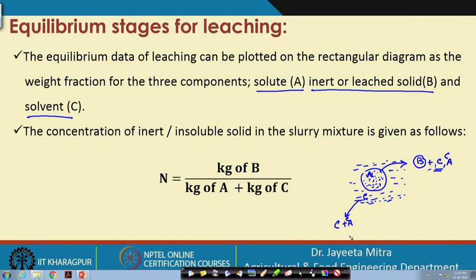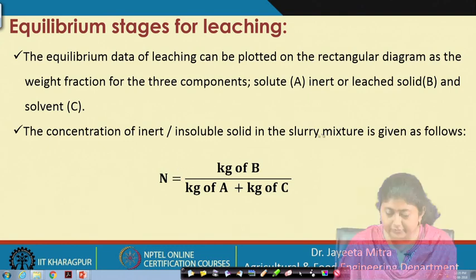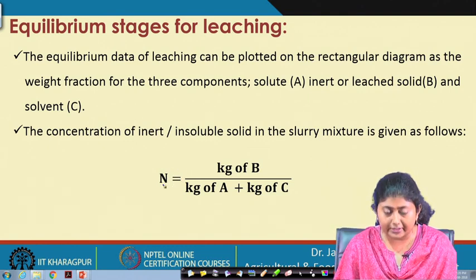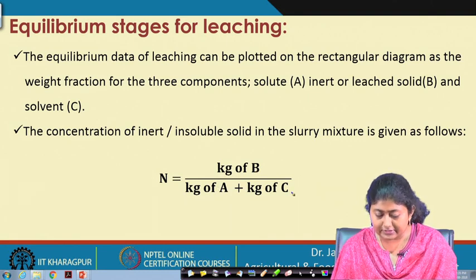This ideally we call the equilibrium condition. So, when we want to define the concentration of inert solid in the slurry, then N is equal to kg of B by kg of A plus kg of C.